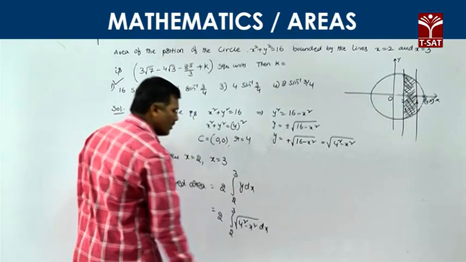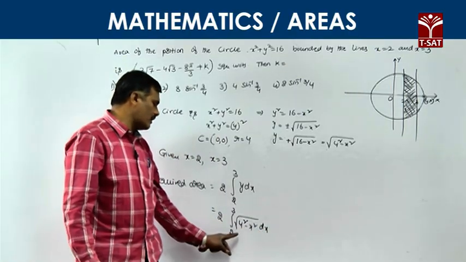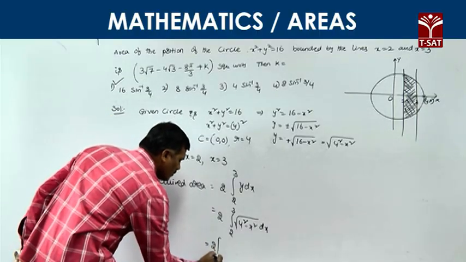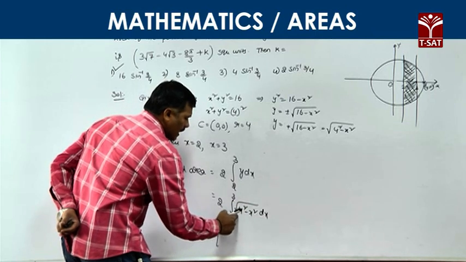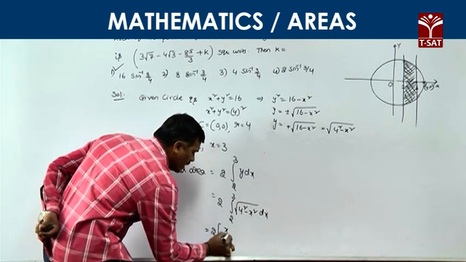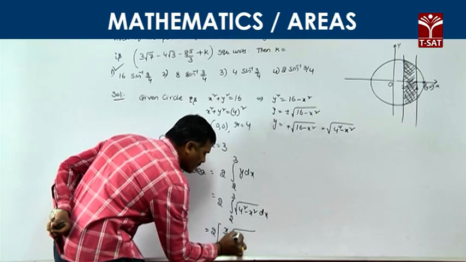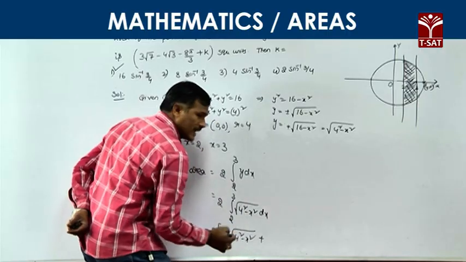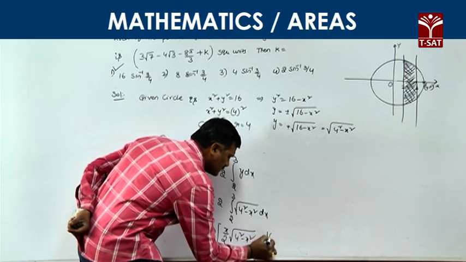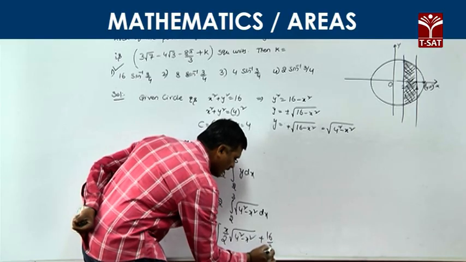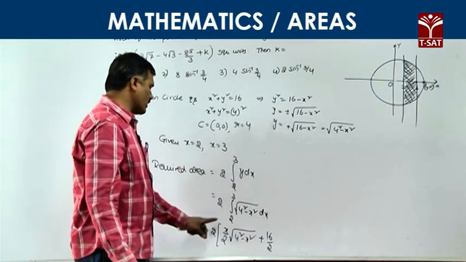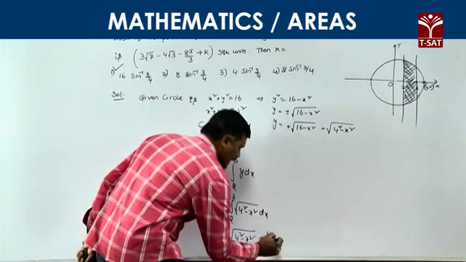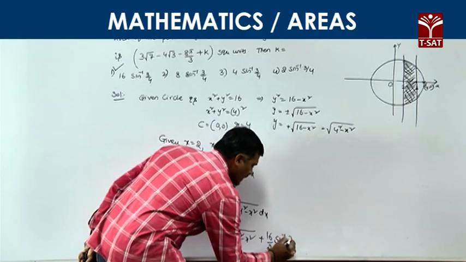You know the integration formula: the integral of root over a square minus x square dx is equal to x by 2 into root over a square minus x square, plus a square by 2 into sin inverse of x by a.